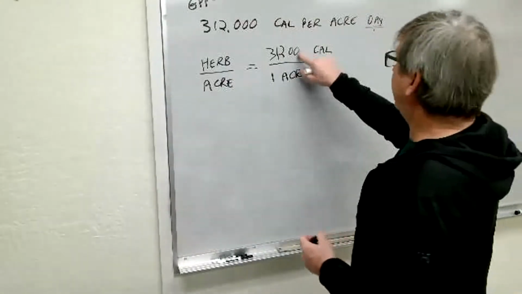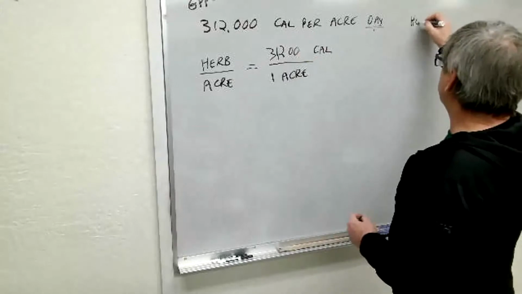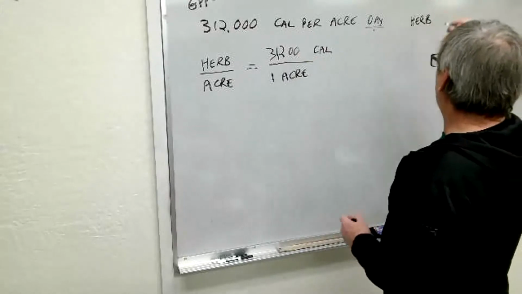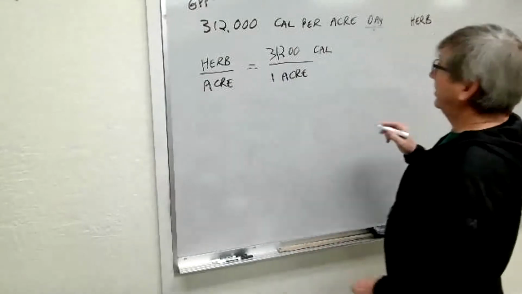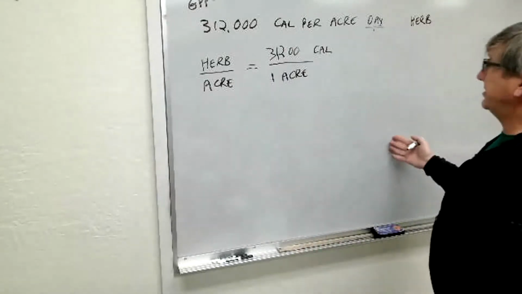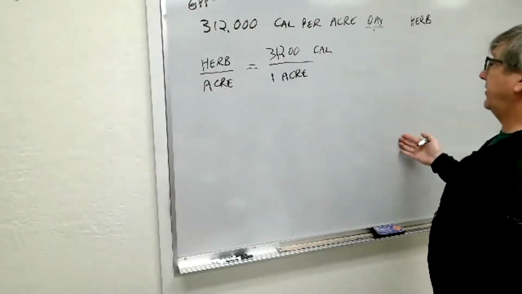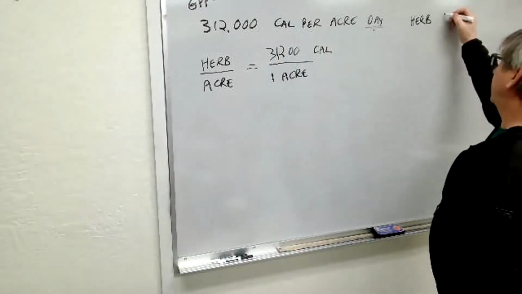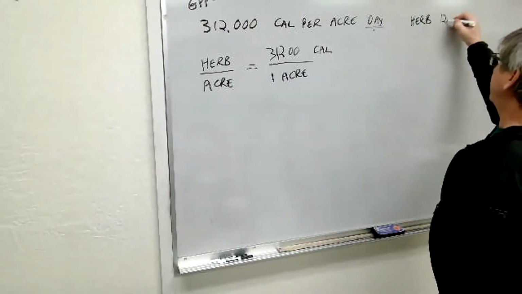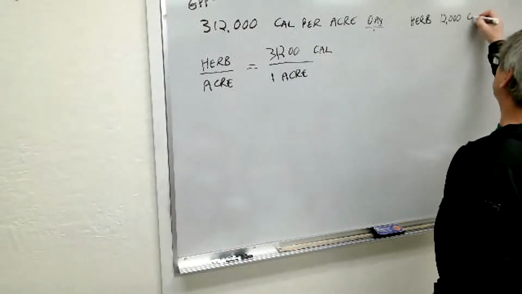So let's say that an herbivore needs, oh, let's say it's a big one like a bison in the grasslands, a buffalo. Let's say that it needs, I don't know, maybe it needs 12,000 calories a day.